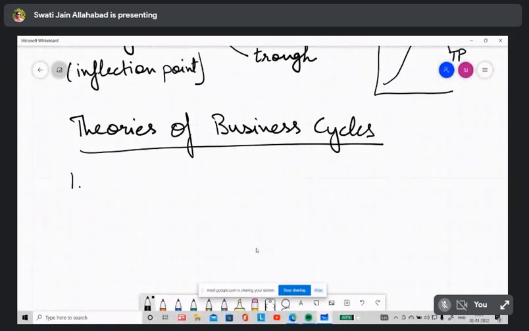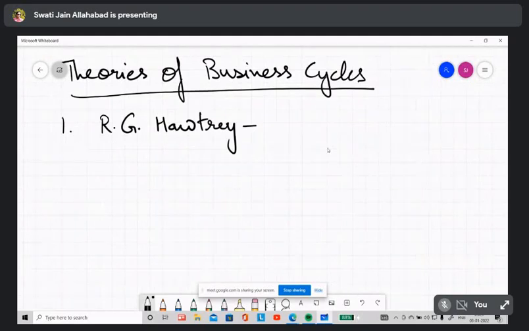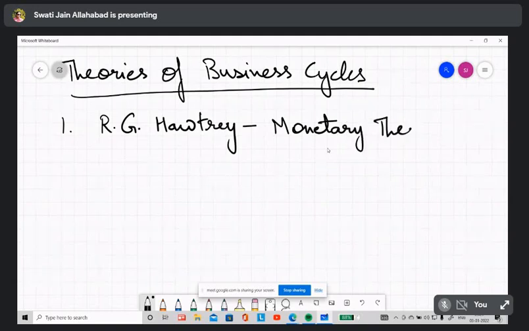First is R.G. Hawtrey, and this is the monetary theory of the business cycle.